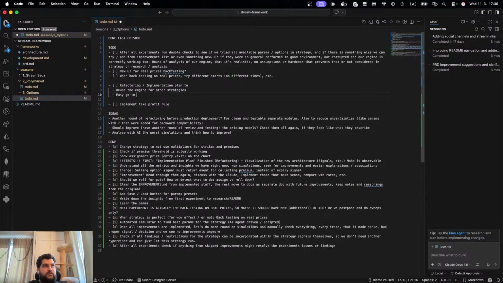Easy go-to-market structure for the current strategies, so we can just swap the engine from simulator to real one and keep it running.